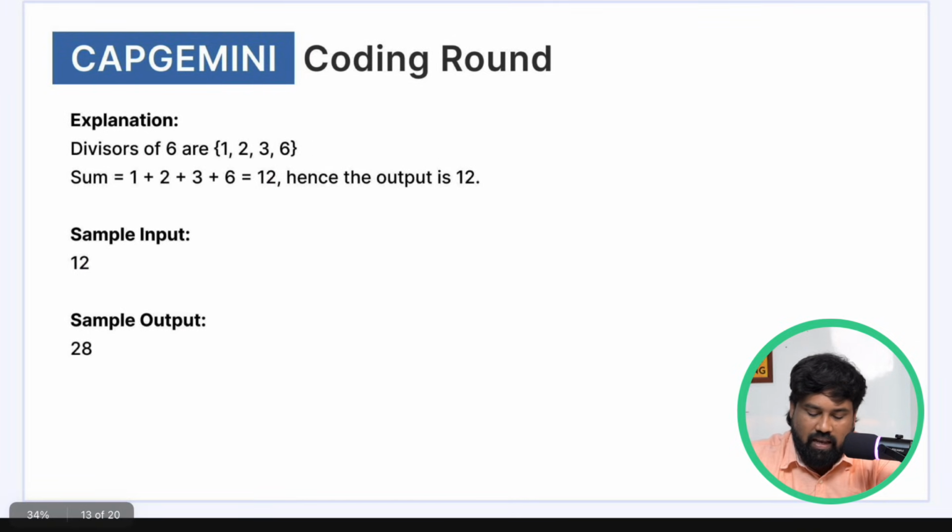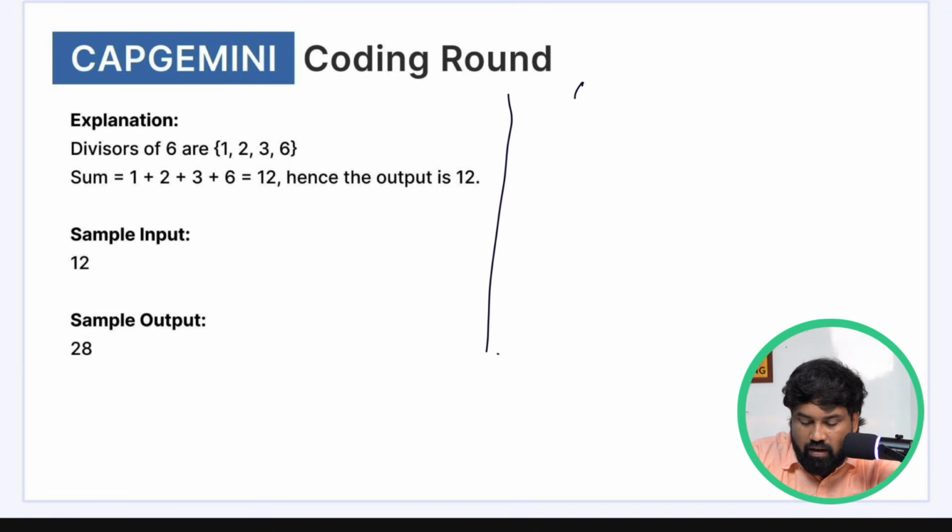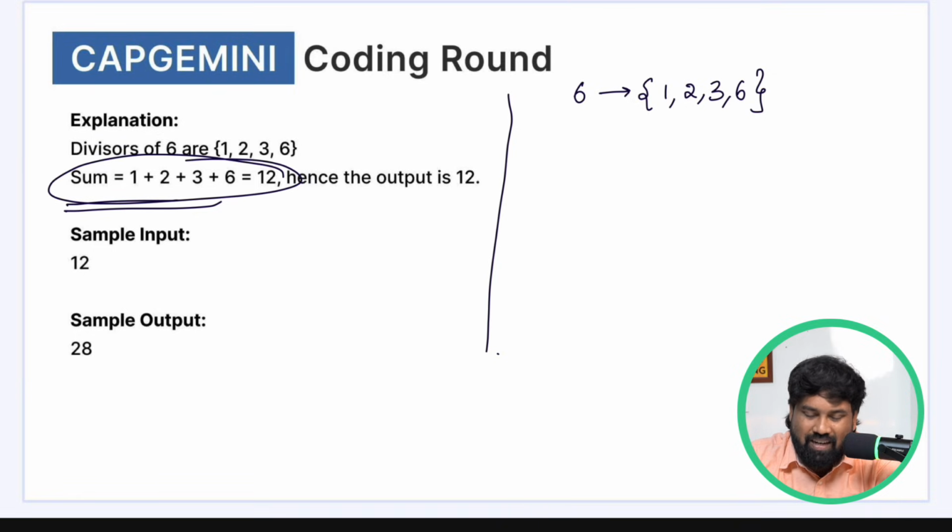Let's clearly explain this concept, guys. Here the input is 6. How many divisors are there for 6? 1 will divide, 2 will divide, 3 will divide, 4 will never divide, and 6 will divide. If you add the sum of all the divisors, that is 1 plus 2 plus 3 plus 6.